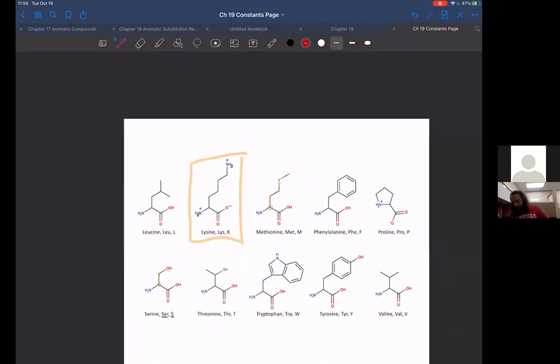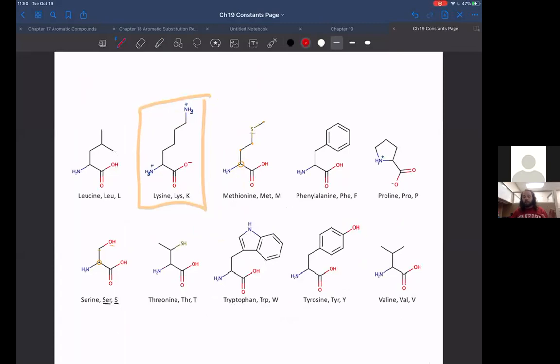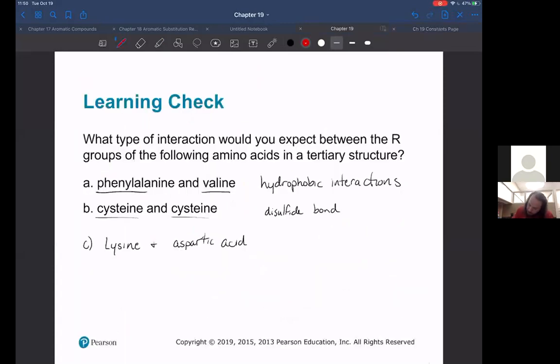All right, and so what type of interactions do positively charged amino acids make with negatively charged amino acids? These would be what are called salt bridges. Okay, so this is a good example problem, being able to take two amino acids and determine what type of interactions they would form with one another.